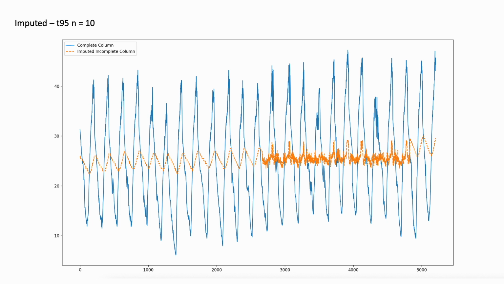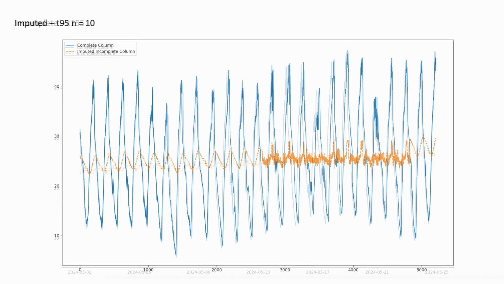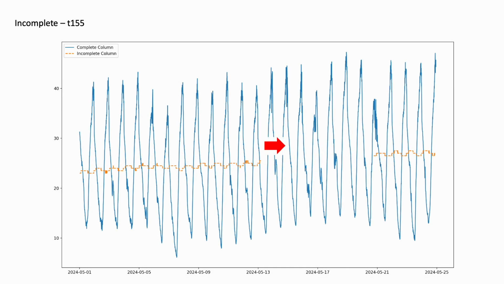And you can see that the KNN method does capture that diurnal fluctuation, but loses the gradual increase in subsurface temperatures taking place over the course of spring and summer. So there's a slight upward gradient in that deep sensor data that's essentially lost. And here's the gap for the T155 temperature sensor, which is buried at 12 inches beneath ground.